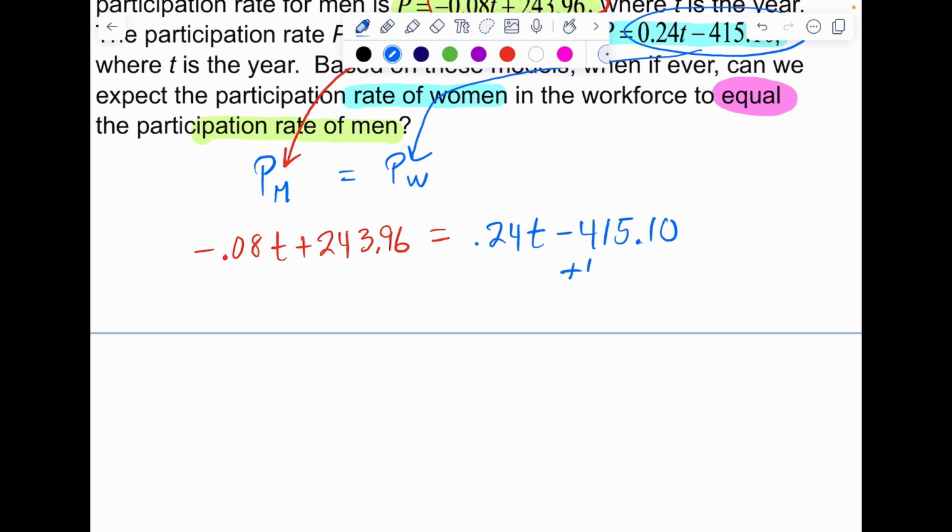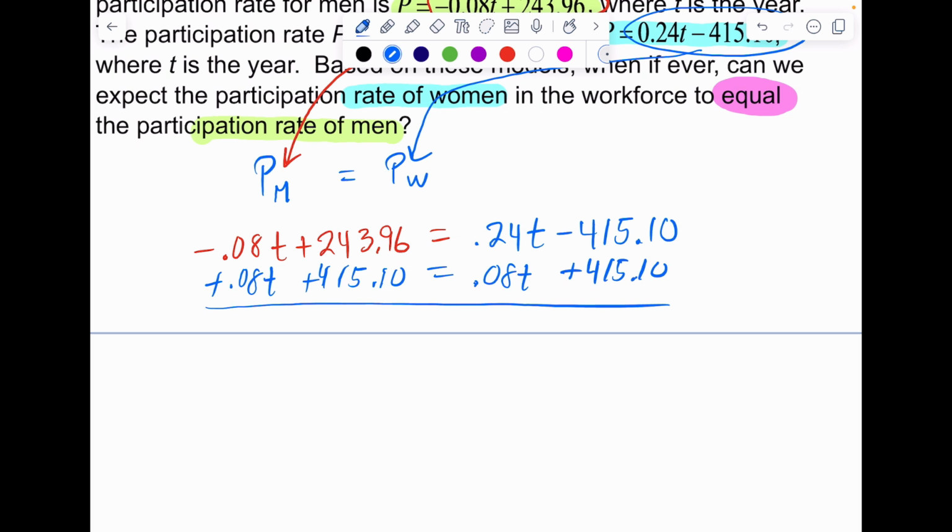So I'm going to go ahead and add 415.10 to both sides. And add 0.08 T to both sides.